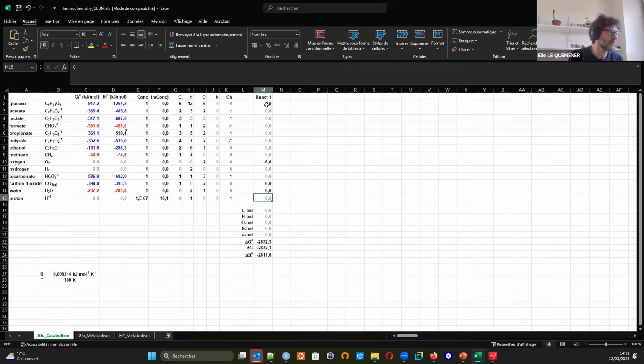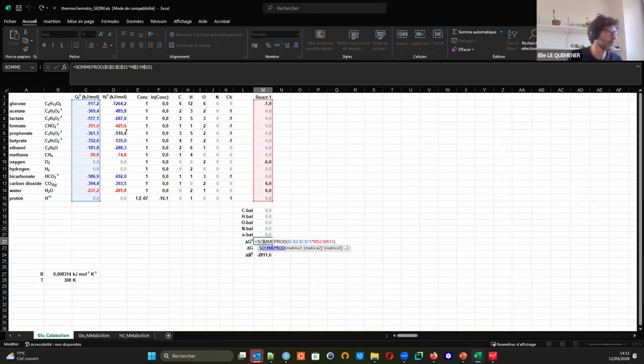So here what I write are the stoichiometric coefficients: -1 for glucose, -6 for O2, +6 for CO2, and +6 for H2O. And when I do that, the Excel sheet computes the standard Gibbs energy of this reaction.